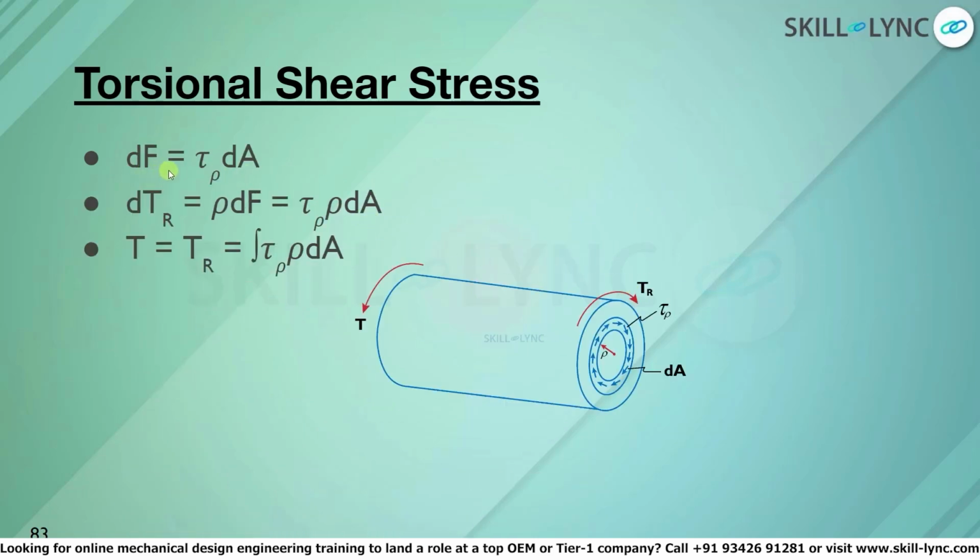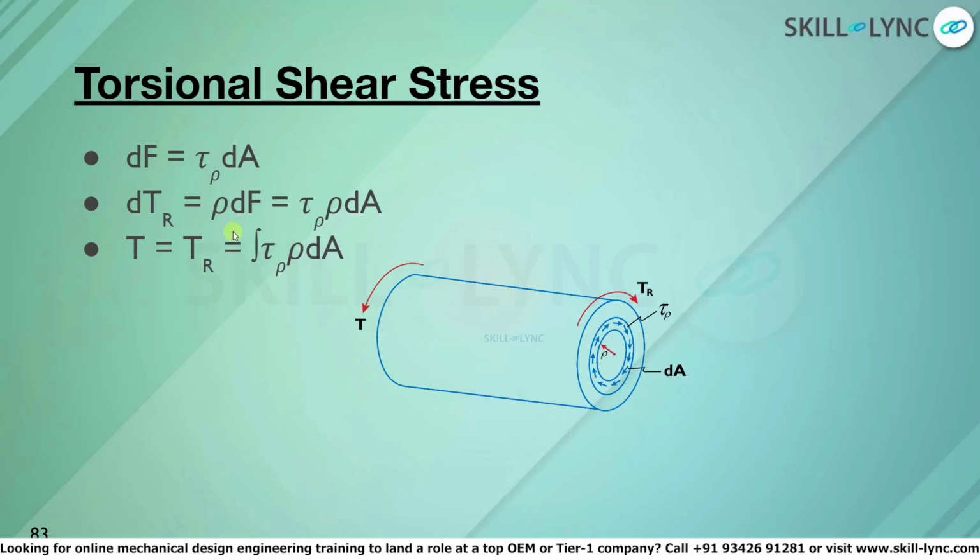Coming to the force dF, we know that force is equal to stress times area. So dF will be equal to tau rho dA, where tau rho is the shear stress acting per meter square at the distance rho.